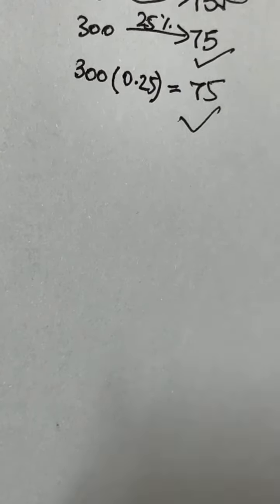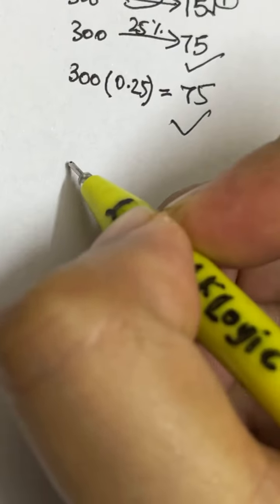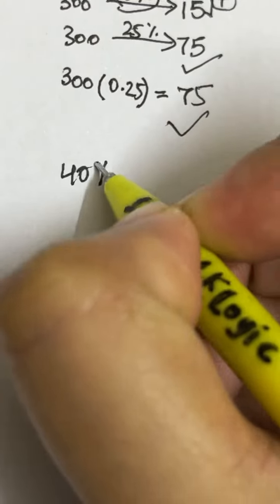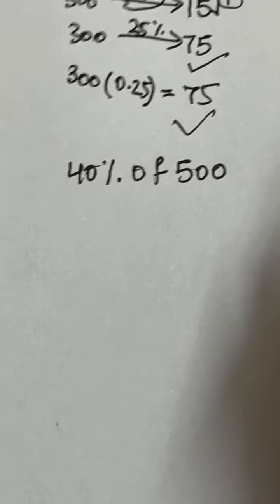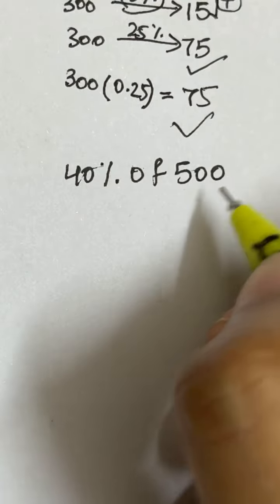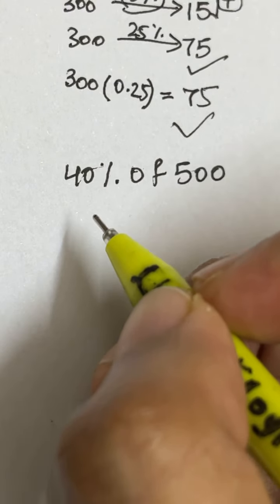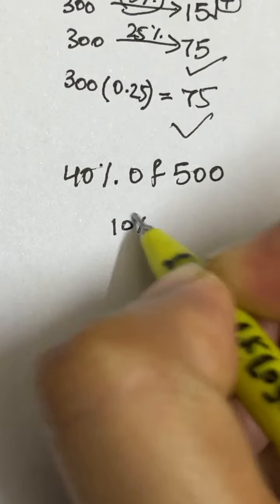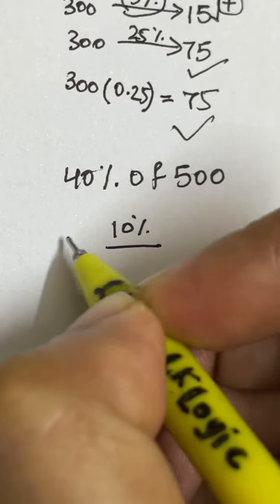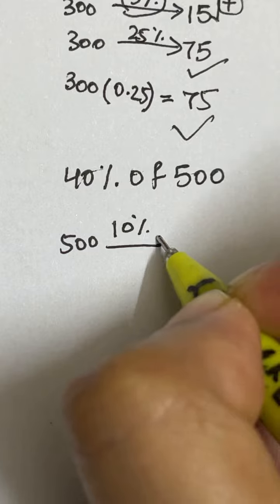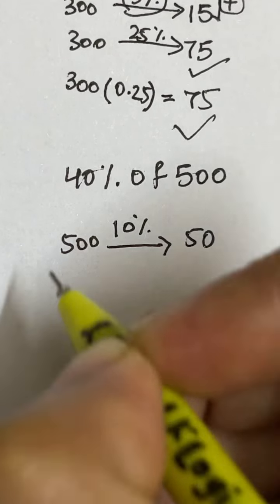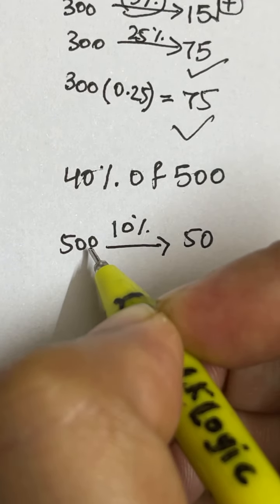So let's try out a question that is 40% of 500. Okay, so when we have 40% of 500, first we are going to calculate 10%. 10% of 500. So what is 10% of 500? That's just 50. Take the decimal, move only one slot towards left.